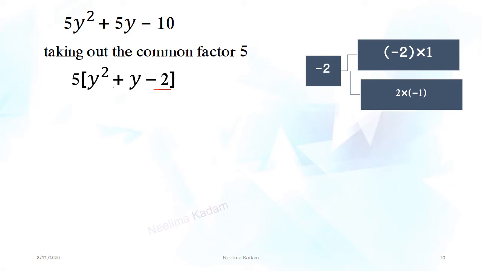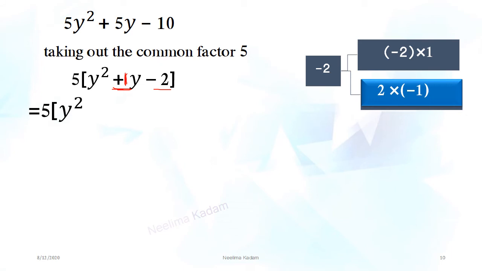Now we want here plus 1. Okay, here only y is there, means 1y is there. Now plus 1 we want, therefore 2 minus 1, that is plus 1. So let's write down the factors. This will be the factors: a equal to 2, b equal to minus 1.